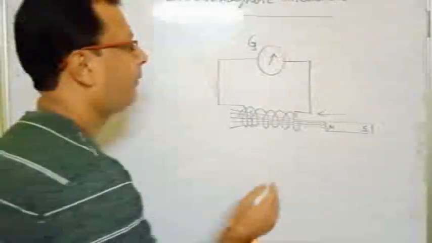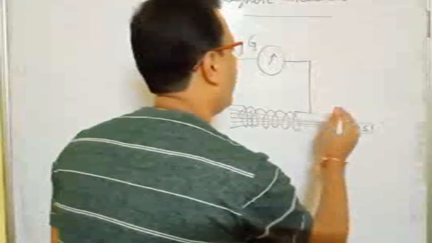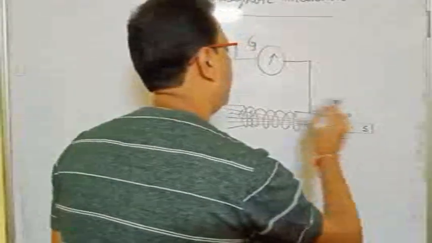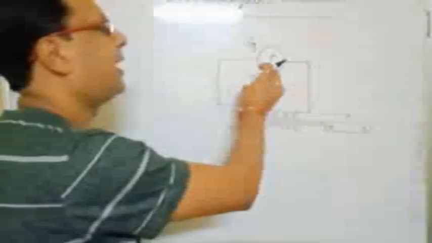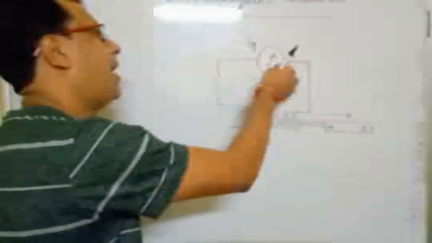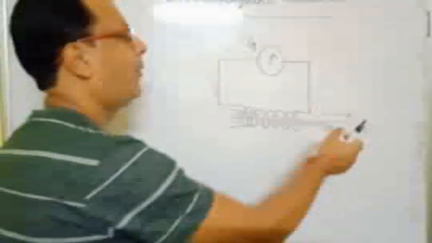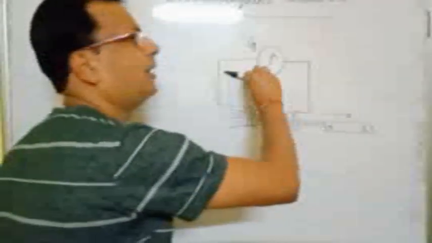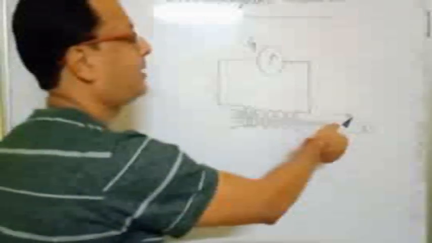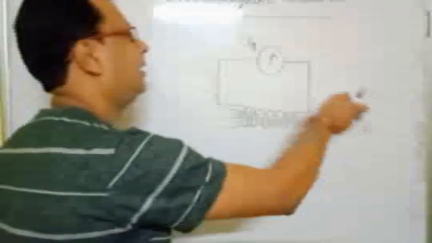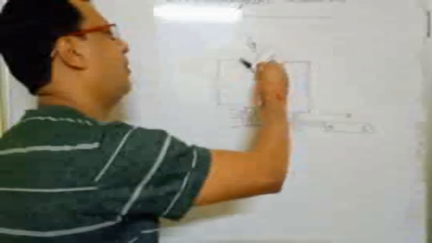Now, when the magnet was moved away from the coil, the galvanometer again showed deflection, but now in the opposite direction. Let me repeat. When the magnet was pushed towards the coil, the galvanometer showed deflection, say, towards the right. When the magnet was moving away from the coil, the deflection is towards the left.